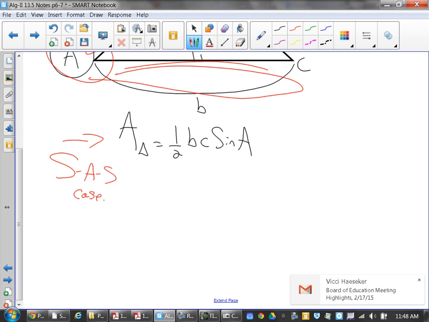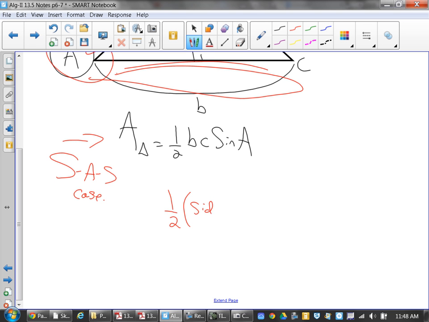It's 1/2 your side times your side times the sine of the included angle. I know your book writes it out in terms of all three possible cases with A's, B's, and C's. Just remember it's side angle side: 1/2, two sides times the sine of the included angle, and it works.